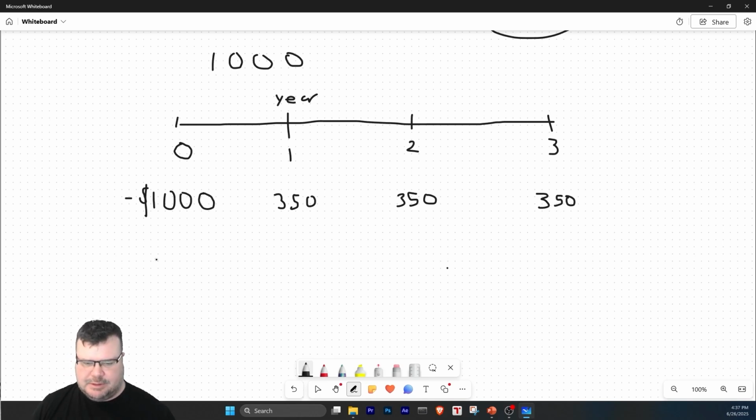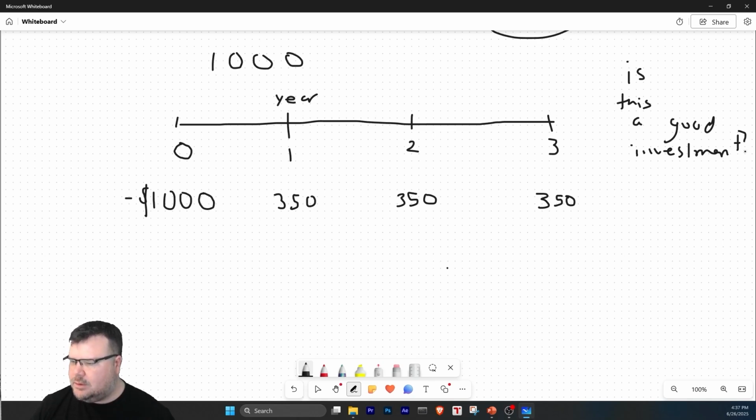So the question is, is this a good investment? Well, you could very simply say, hey, 350 plus 350, that's 700, and then 700 plus 350, that's $1,050. Yeah, I'm going to get my money back and $50. That should be a good investment.